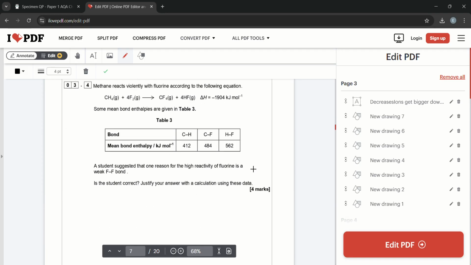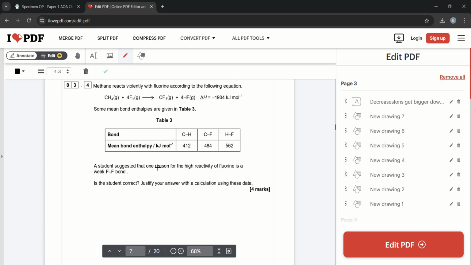3.4. Methane reacts violently with fluorine according to the following equation. Some mean bond enthalpies are given in table 3. Students suggested that one reason for the high reactivity of fluorine is a weak FF bond. Is the student correct? Justify the answer with a calculation using these data.